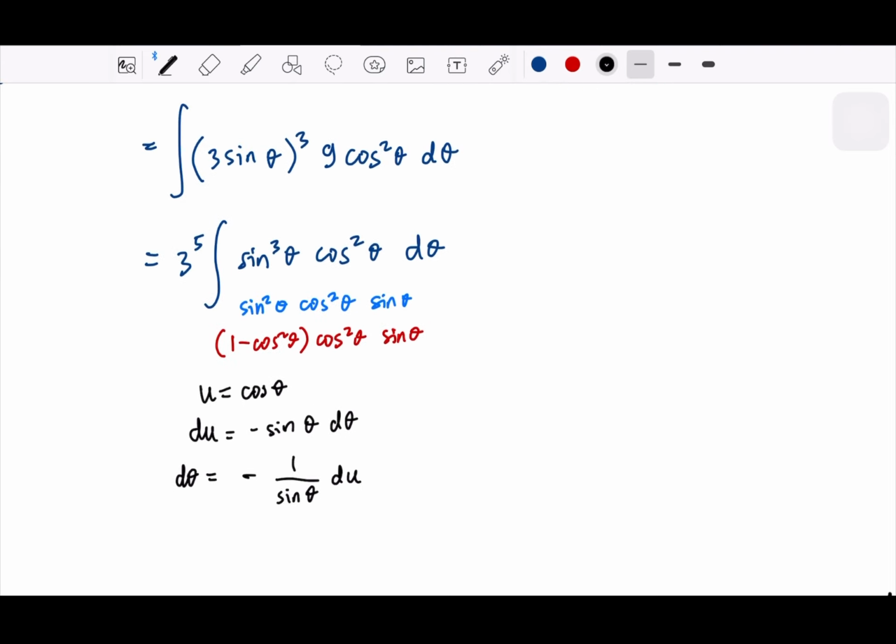Let me write here 3 with power of 5, and now it becomes 1 minus u squared. Because of the minus, let me put the minus in front here. So the minus comes from minus 1 over sine theta, and sine theta cancels, and then what is left is u squared here and du.